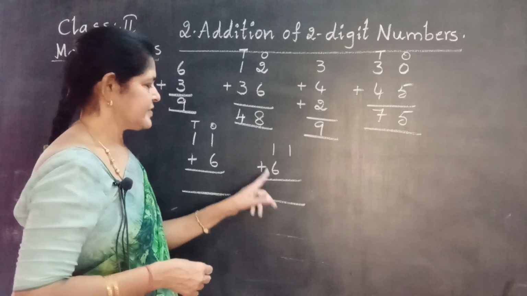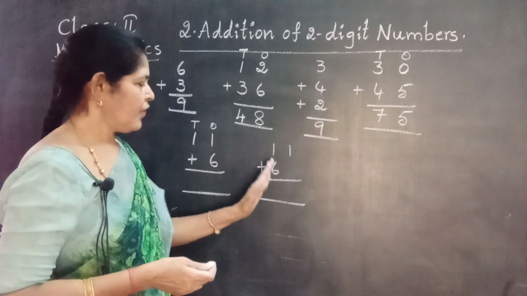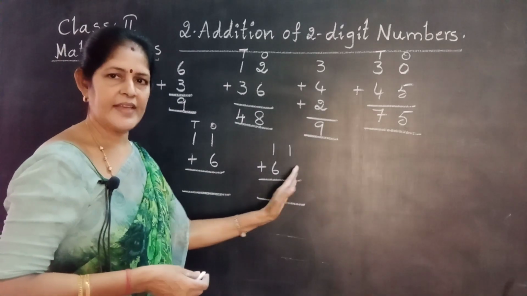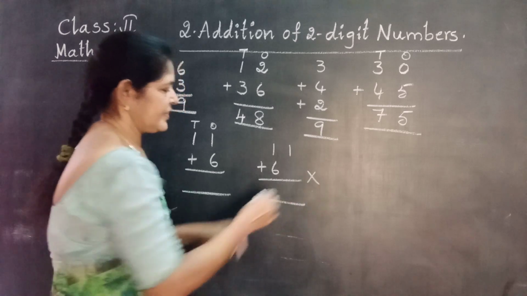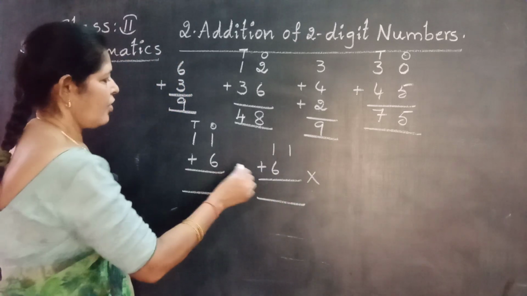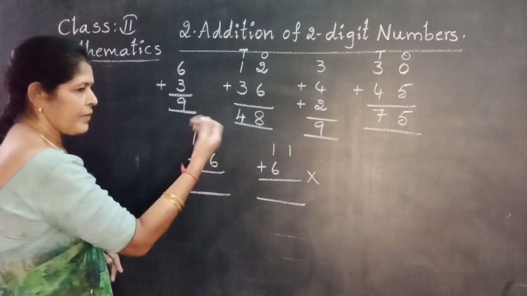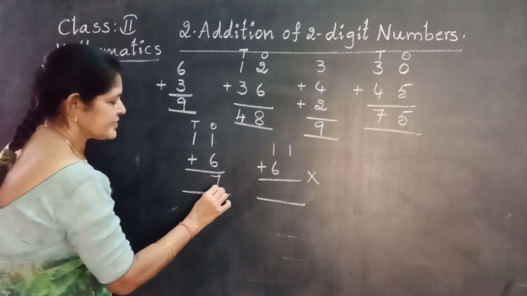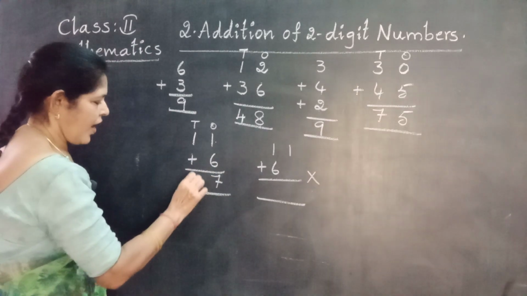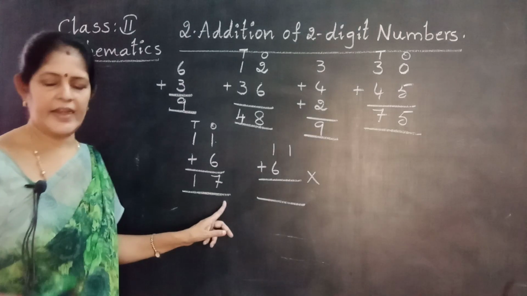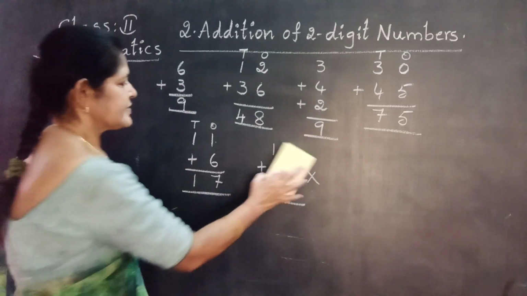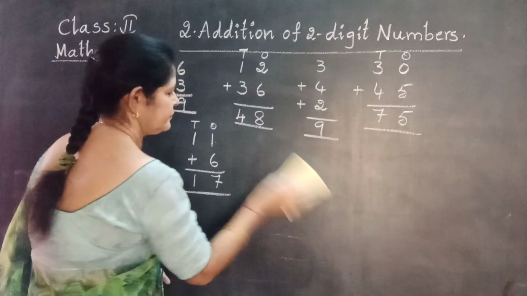Don't arrange the addition like this. Now 1 plus 6. 6 after is 7. Bring down 1. The total is 17.